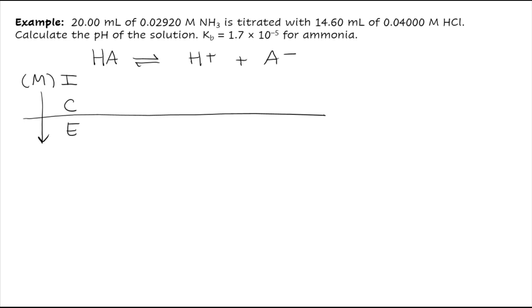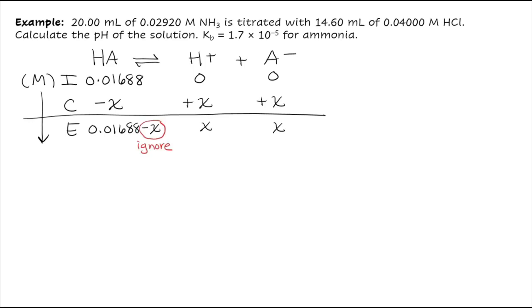So we just did the calculation for the molarity of HA, and that was 0.01688 molar. H plus starts at 0, and A minus also starts at 0. The change row is minus X for HA, plus X for H plus, and plus X for A minus. The E row becomes 0.01688 minus X for HA, and X for H plus and A minus.